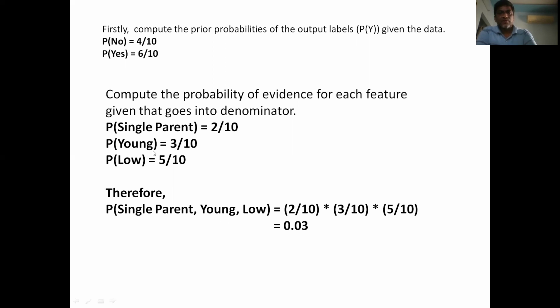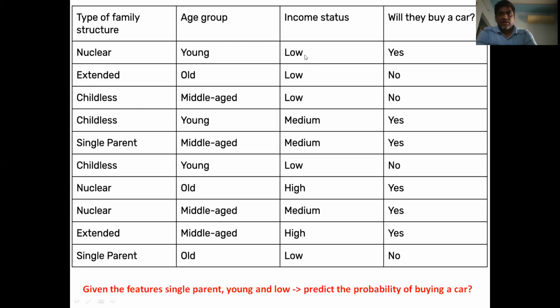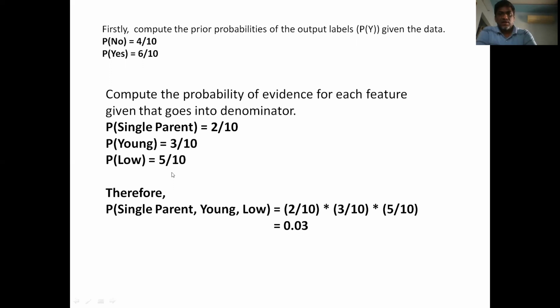And the probability of low is 5 by 10. You can count it: 1, 2, 3, 4, and 5 lows in income status out of the given 10 samples. So this is the probability of evidence for each input feature given.